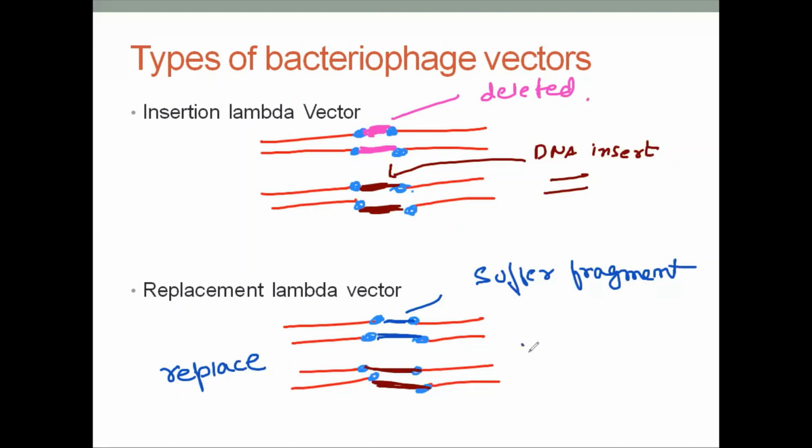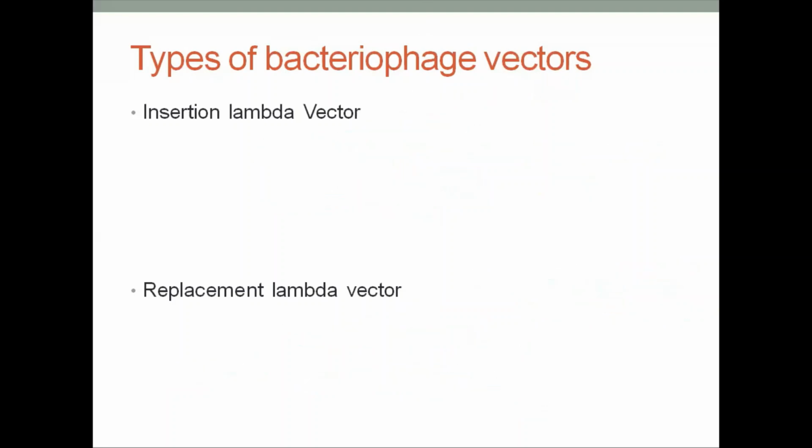You are replacing the stuffer fragment with the DNA insert. This is called a replacement lambda vector. So you have two types of vectors, insertion lambda vector and replacement lambda vector.